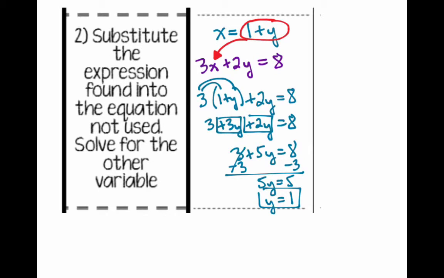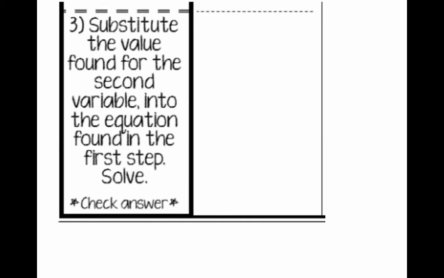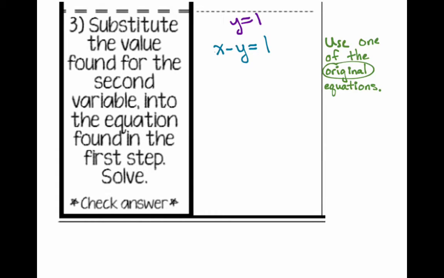Great, I know what y is. Now I need to go back and figure out what x is. So the last part, I found out that y equals 1. And I'm going to substitute that into one of my original equations. That's going to save you time. Doesn't matter which one. I'll take my easy one, x minus y equals 1.